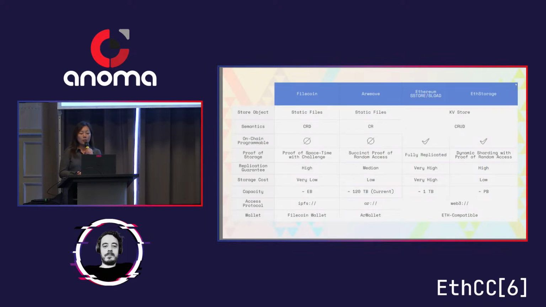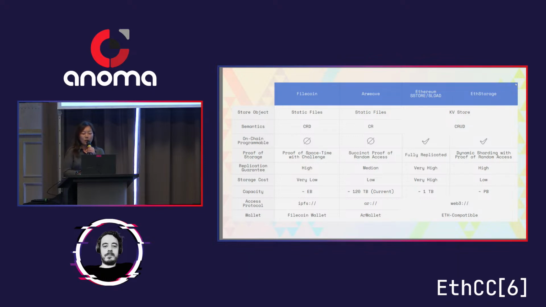Another frequently asked question is, what's the difference between EthStorage and other decentralized storage solutions like Filecoin and Arweave? There are two major differences. One is that EthStorage is designed for hot, dynamic data with high value on top of Ethereum.